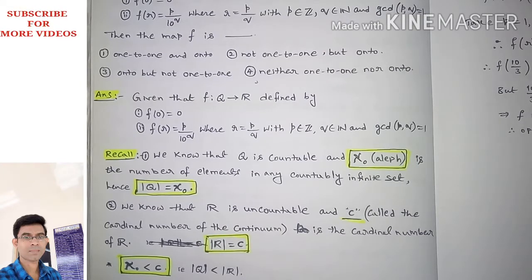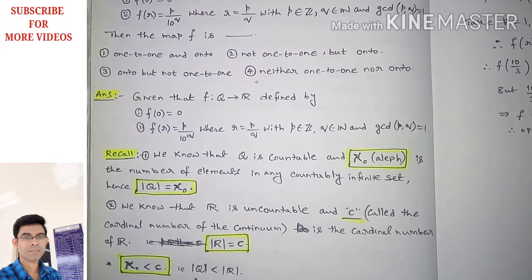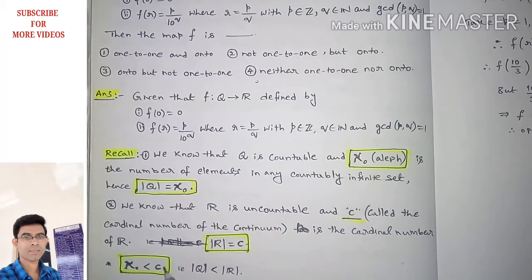Cantor himself thought that there is no such number, or in other words that C, small c, is the next infinite cardinal number greater than aleph not, and his guess has come to be known as Cantor's continuum hypothesis. So here aleph not is strictly less than C, and there are no infinite numbers in between aleph not and C, and this is called Cantor's continuum hypothesis.